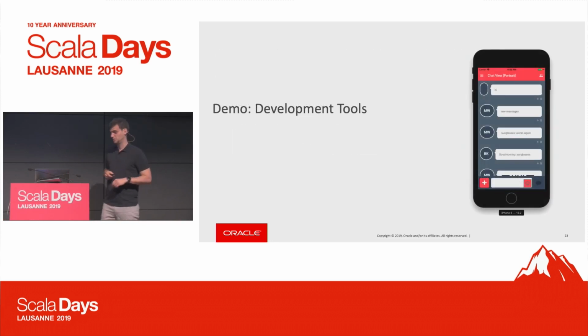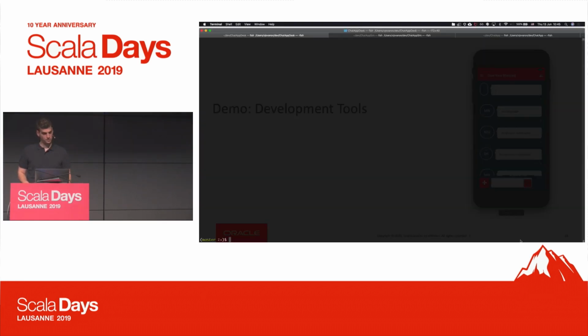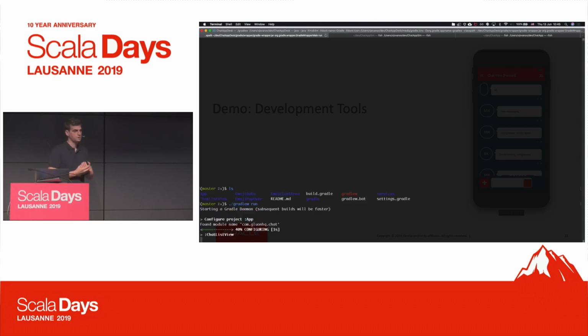So let's check this out. How does this work, right? Here we have this chat app as a demo, which we developed in our IDE. It's just a normal Gradle project, like anything else. While you develop, you can develop on desktop freely, so we can just say Gradle run.